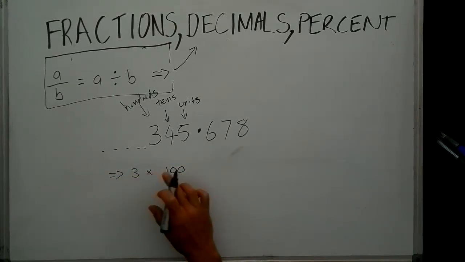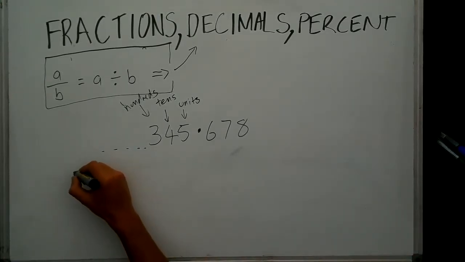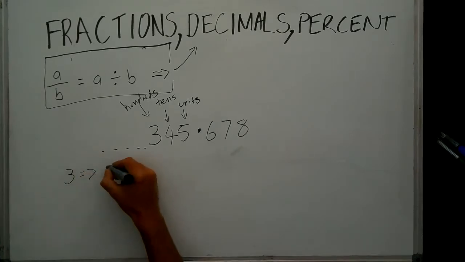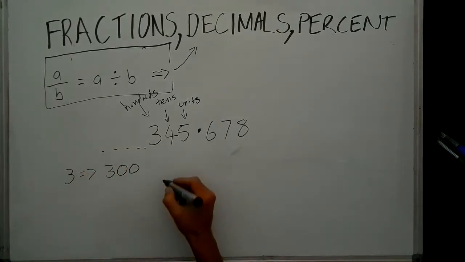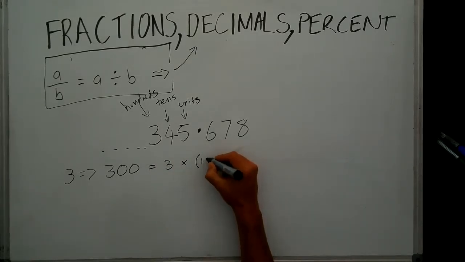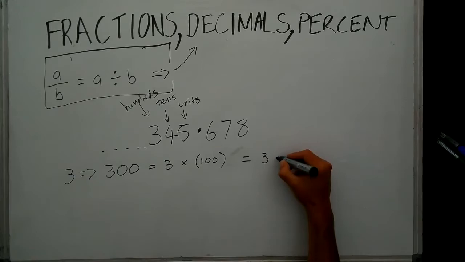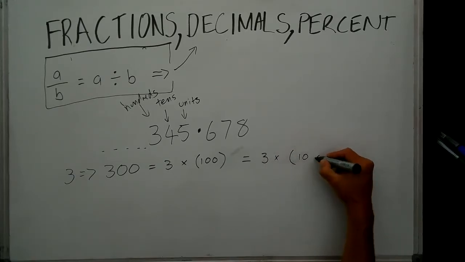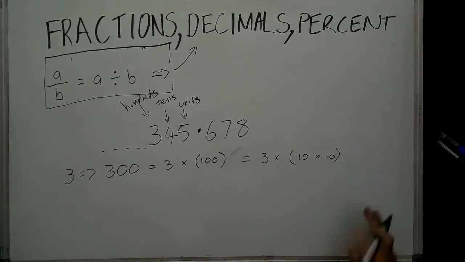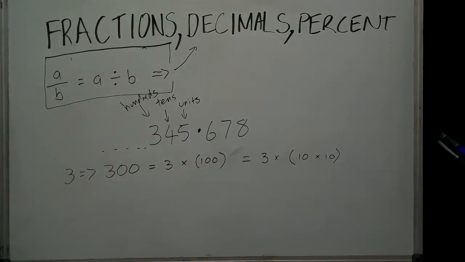So the 3 is 300, which is 3 times, in brackets, 10 times 10. Because decimal, the dec, comes from Latin for 10. So we're in a base 10 system. And that really just means that we have 10 different symbols that we write for numbers.